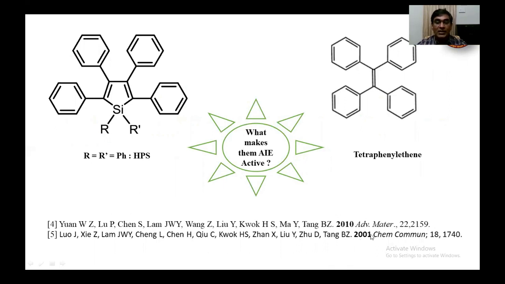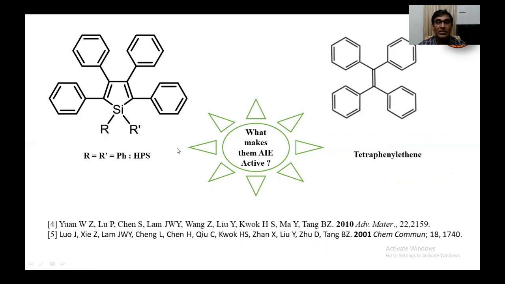And they published many papers in high impact factor journals. So this is the hexaphenylsilole. Centrally is the silole, and the six rings are phenyl rings. And this is tetraphenylethene: the ethene with four phenyl rings.